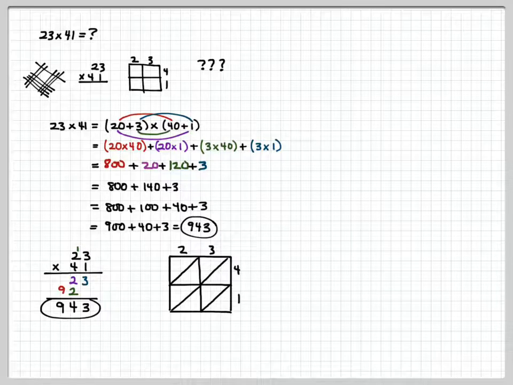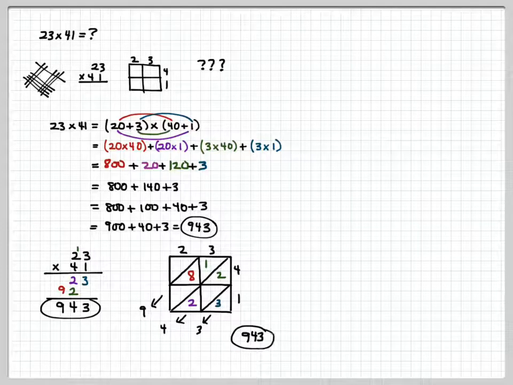So 4 times 2, 8. The next one is 3 times 4, that's 12. That's where I use the upper part of the grid. So I write 12, I put the 1 above and the 2 below the diagonal line. There's my 12. Now on the bottom, the lower left, I have 2 times 1, and then the lower right, 3 times 1 is 3. Now you add along the diagonals 3, 4, and 9, and that gives me the answer 943.